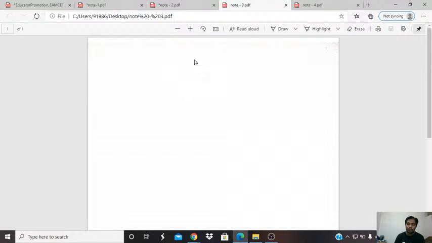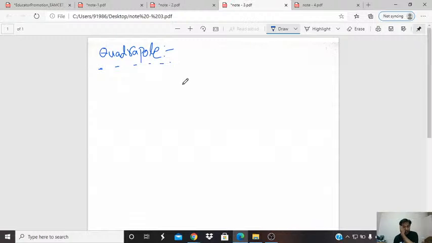Next, quadrupole. See. So in this quadrupole, it is a combination of two dipoles.